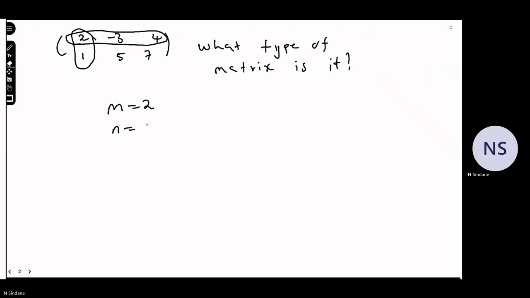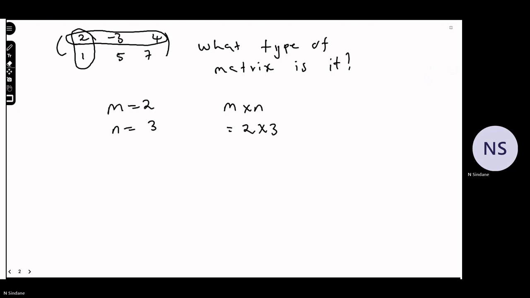So M multiplied by N is equivalent to 2 by 3, which is a 2 by 3 matrix, right? This represents a 2 by 3 matrix.